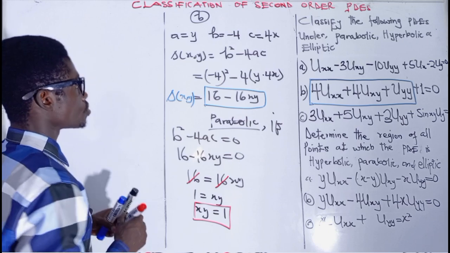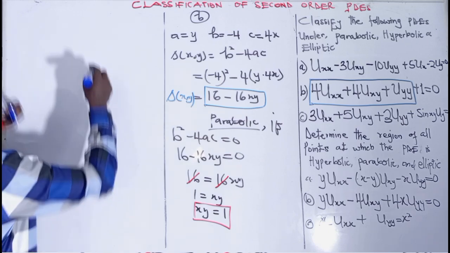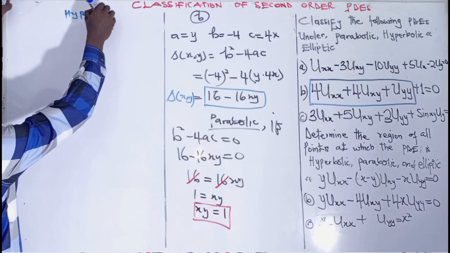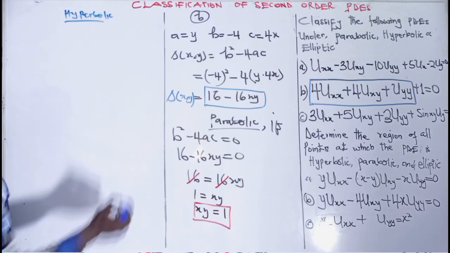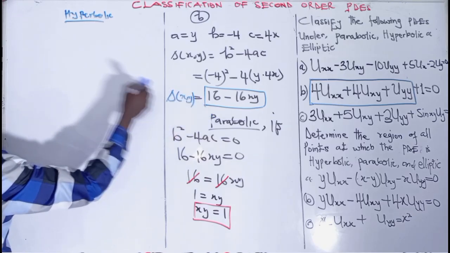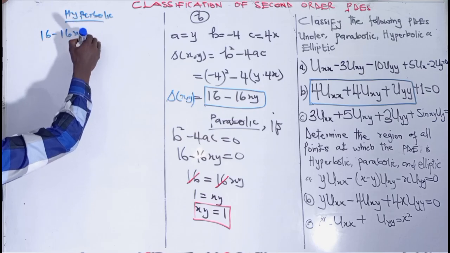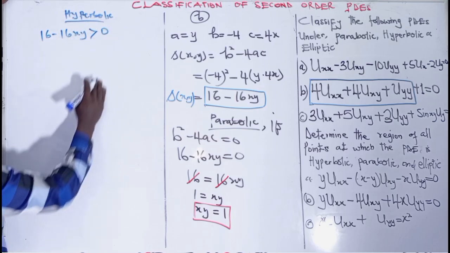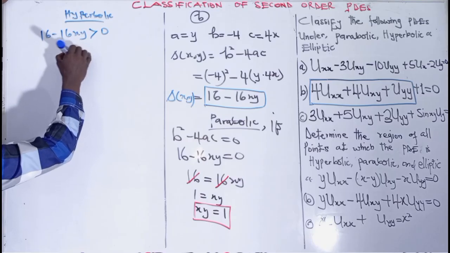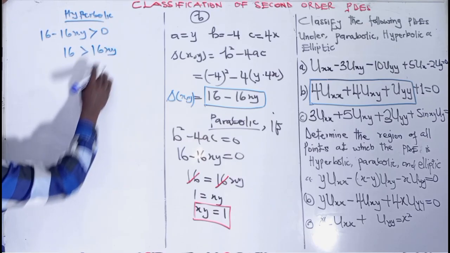Then we move on to the hyperbolic. So the hyperbolic, we know that the discriminant 16 minus 16xy is what? Greater than 0. So when we do some small algebra here, we are going to have our 16 is greater than, let's send this one here, 16xy.